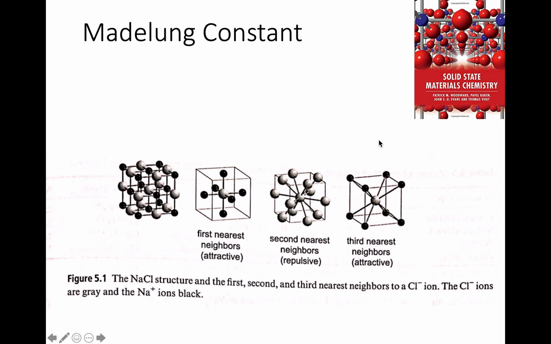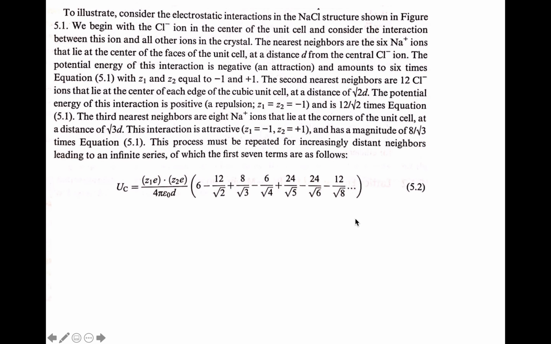Looking just a little bit more closely at this description of the Madelung constant, I grabbed a couple images here from a new textbook by my colleague Pat Woodward involving solid-state materials chemistry. So it's showing if we're looking within sodium chloride, we have initially our neighbors that would be attracted, then a repulsive term, then attractive as we move further and further out. Here's his description, and here's the resulting description for where you initially have attractions, then repulsions, and attractions, and we step through.